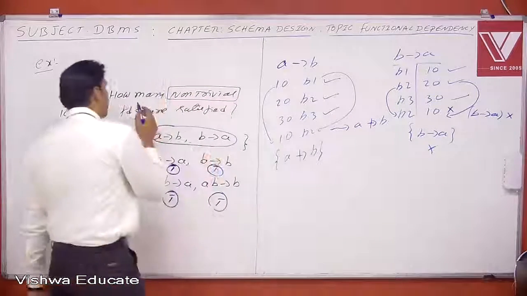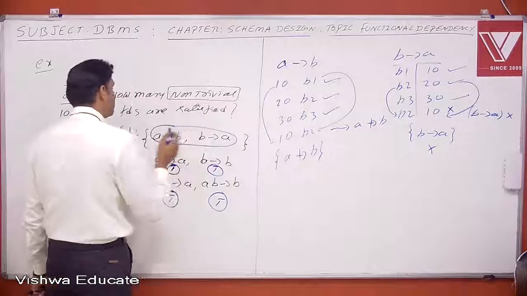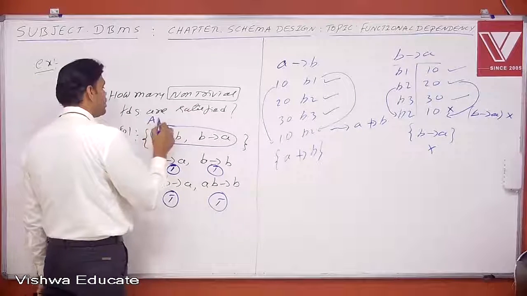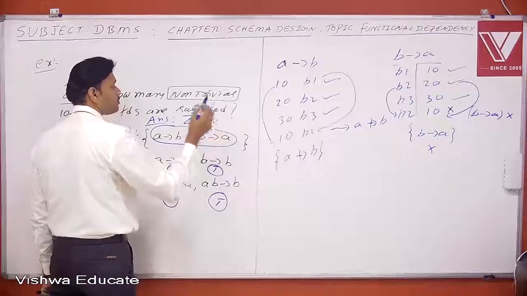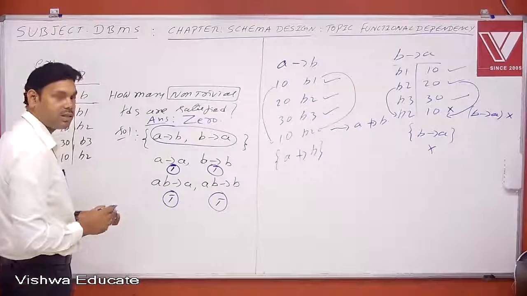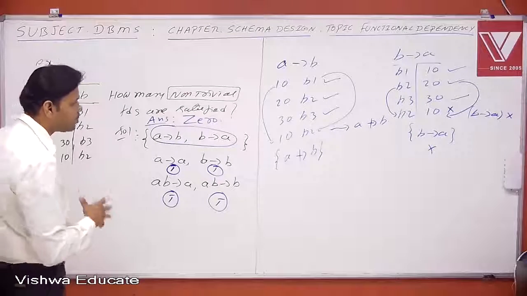So finally, how many non-trivial FDs are satisfied? The answer is how much? 0. You got to understand? Now copy this.